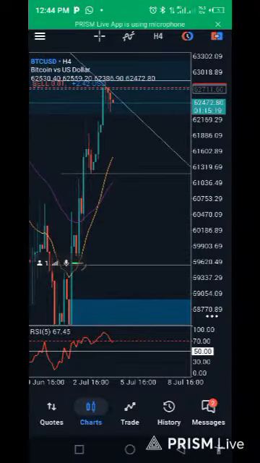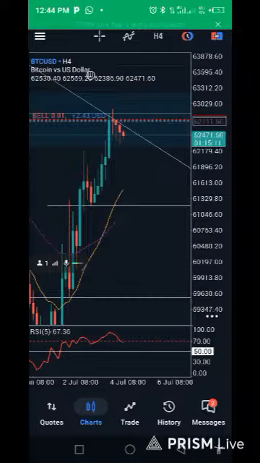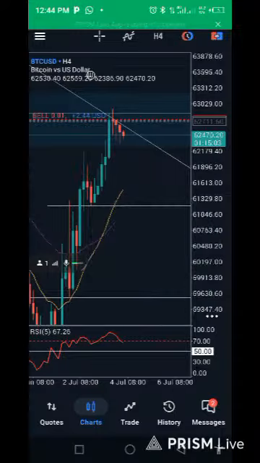Bitcoin is on a downtrend right now, and it will go for a long while because it's on a trend line on a daily time frame. There's a resistance there, a very strong resistant line.